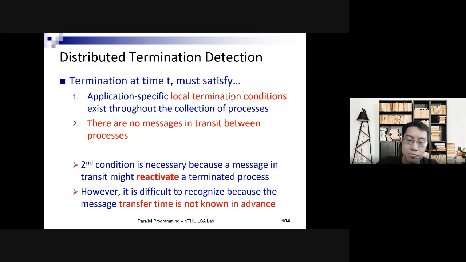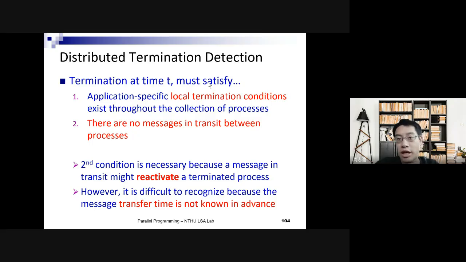The first condition is simple because it's a local condition, so you can simply write some code and check the local information to see if the local termination condition is reached. But the second condition is hard. How can you know there are no more messages in transit?